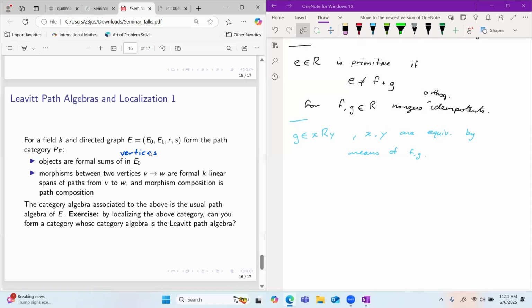So what you can do with this path category is formally invert certain morphisms.